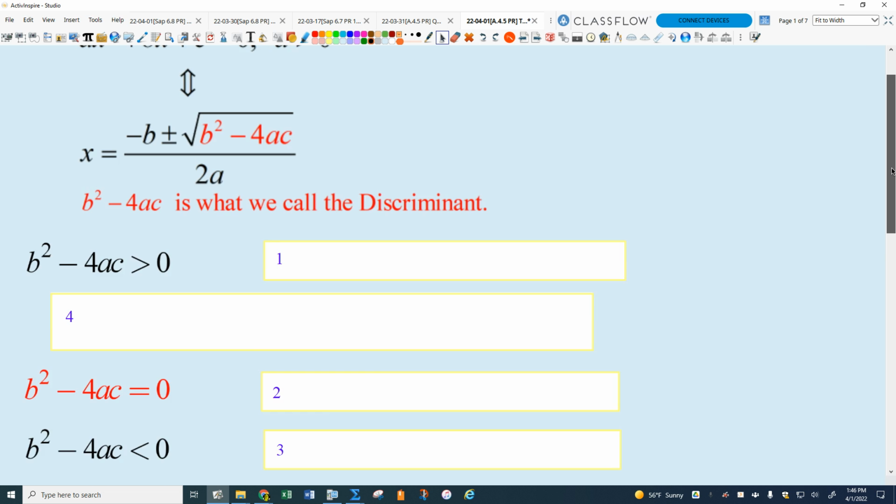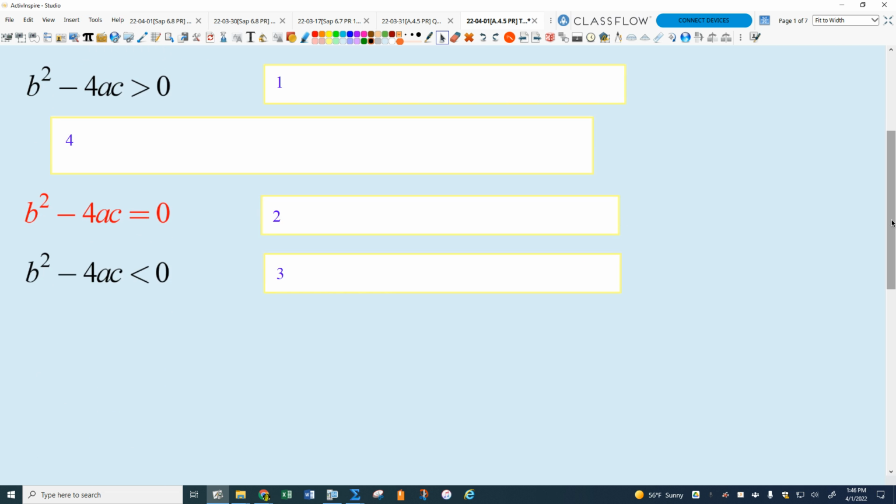Let's summarize what happened. If the discriminant, the b squared minus 4ac, part inside the radical, was negative, what was the outcome? If the discriminant was negative, the discriminant is the part inside the square root. What did I get?